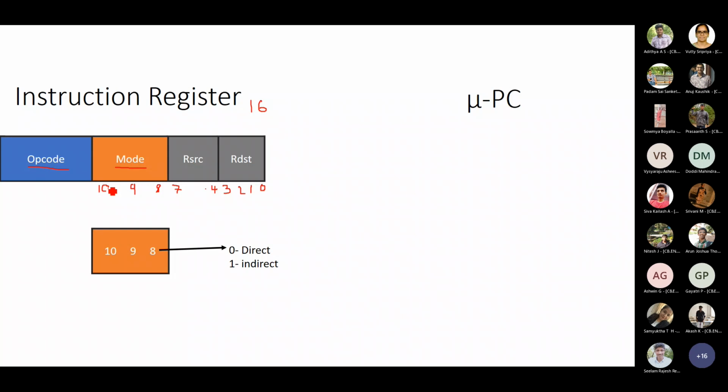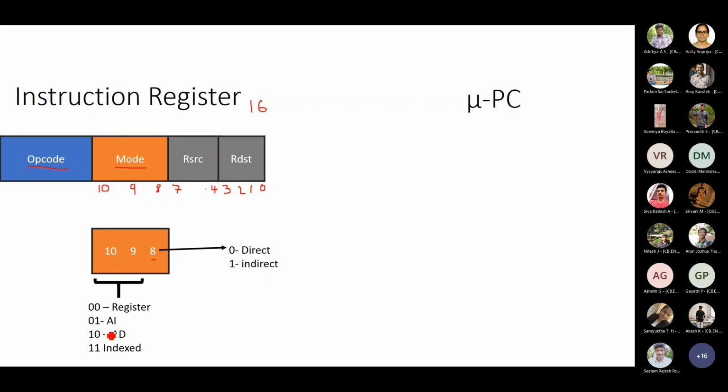Bit number 8, the bit position 8, indicates whether the addressing mode is direct or indirect. If it is 0, it indicates that it is direct. If it is 1, it indicates it is indirect. Now bit number 9 and 10 indicate which type of addressing mode it is. So if it is 0, 0, it is register, and bit 8 will indicate whether it is register direct or register indirect.